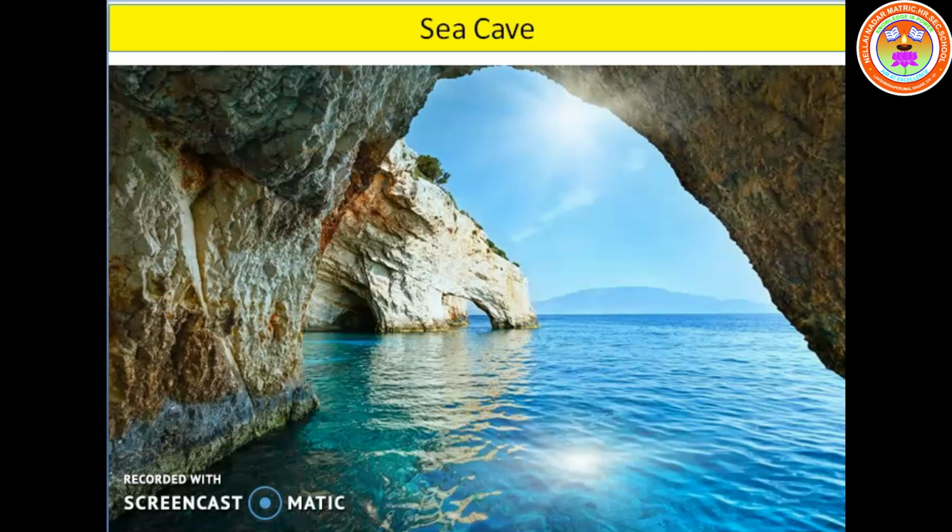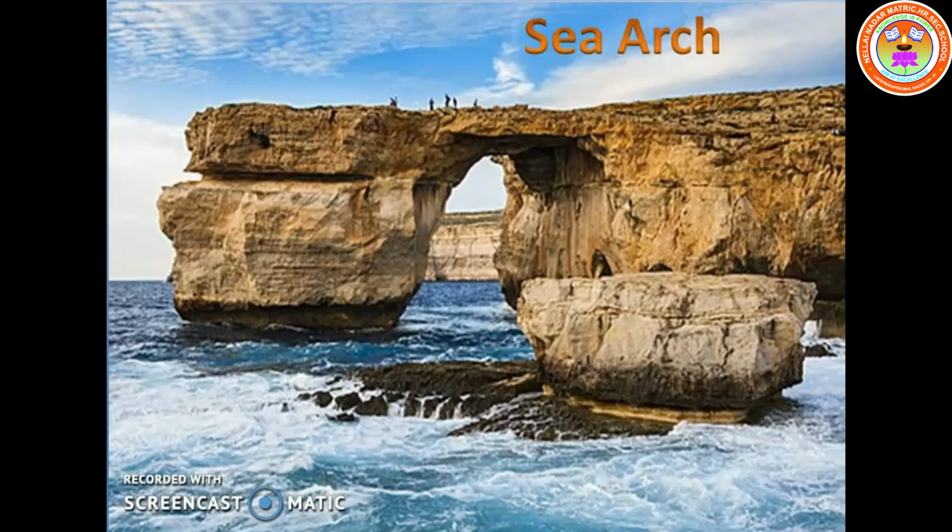Next one, the sea arch. When two caves approach one another from either side of a headland and unite, they form an arch. This is called sea arch. For example, Nail Island, Andaman and Nicobar Islands. The fourth one is sea stack.